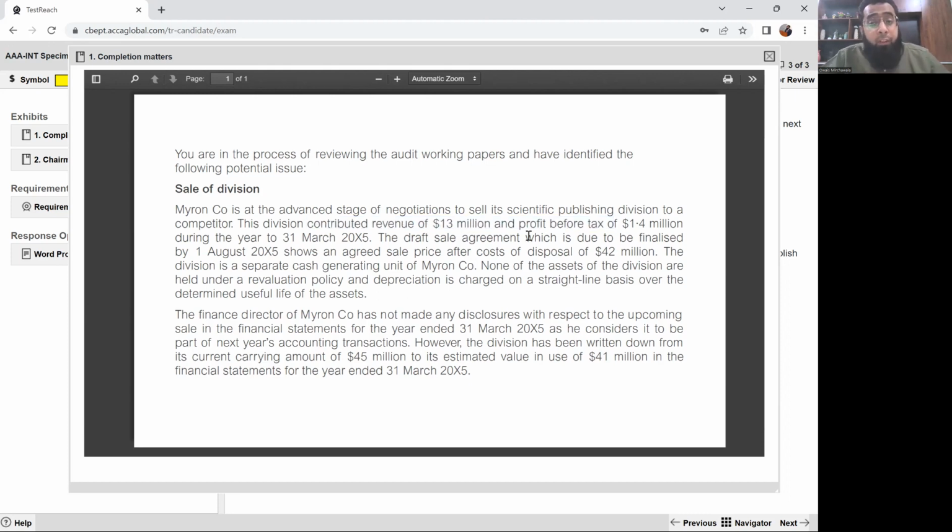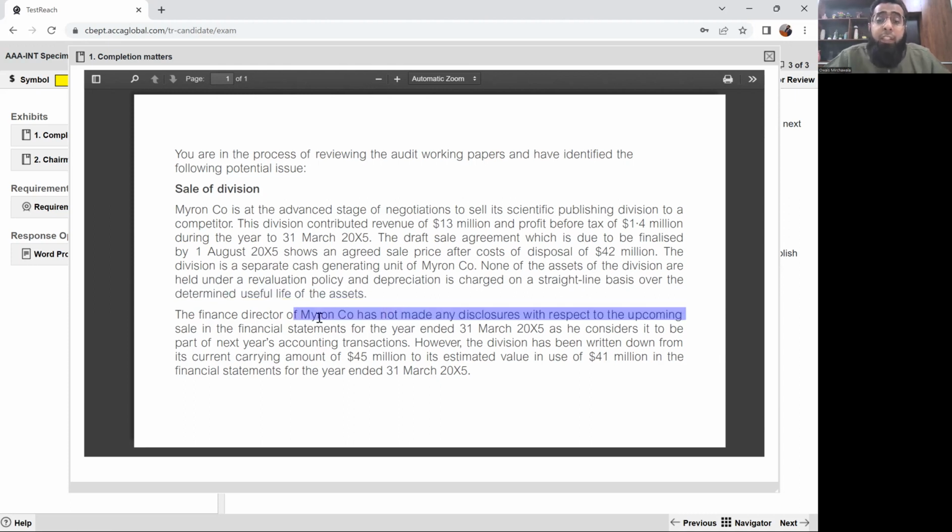The draft sale agreement, which is due to be finalized by 1st August 2005, shows an agreed sale price after cost of disposal of $42 million. The division is a separate cash generating unit of Myron Company. None of the assets of the division are held under a revaluation policy, and depreciation is charged on a straight line basis over the determined useful life of the assets.